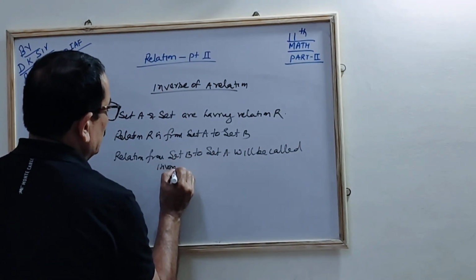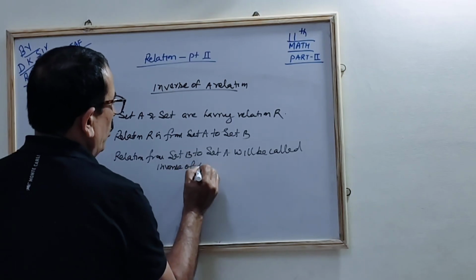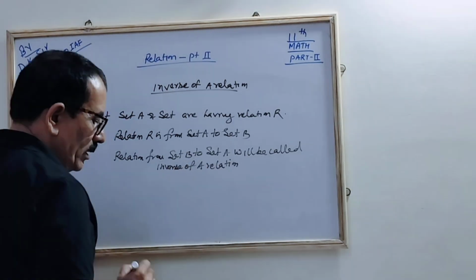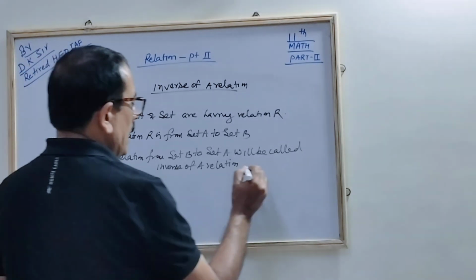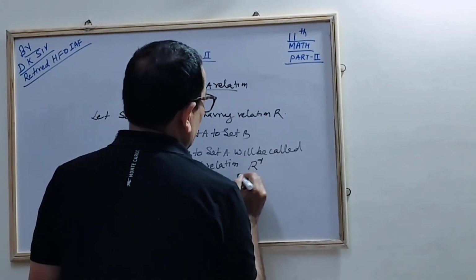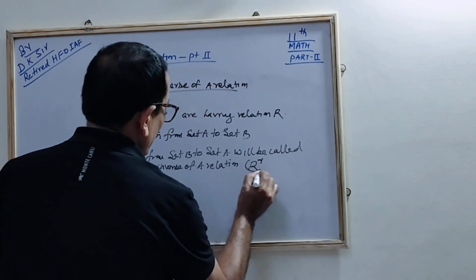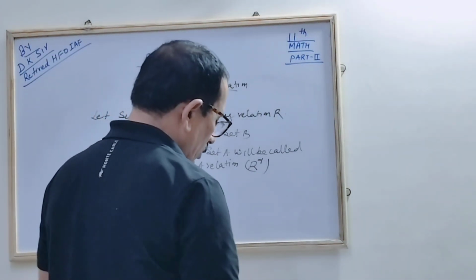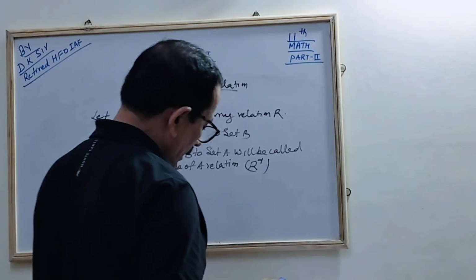Inverse, ulta. This will be called the inverse of the relation, and it will be denoted by R inverse. Understood? Correct?